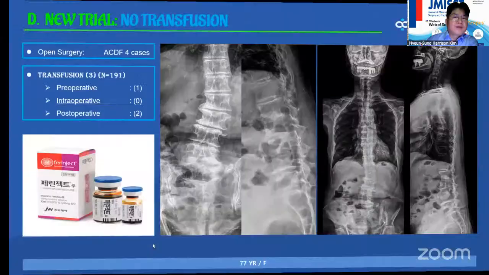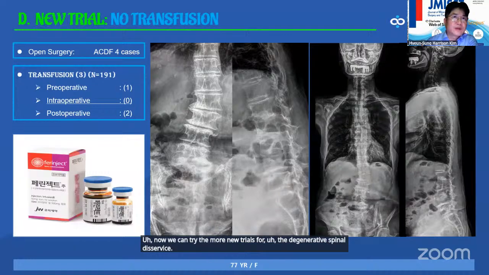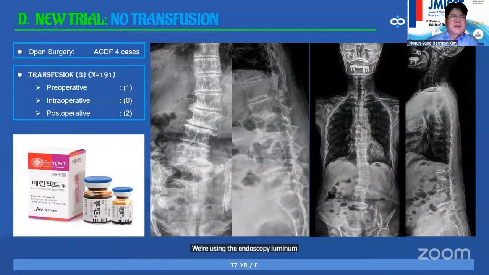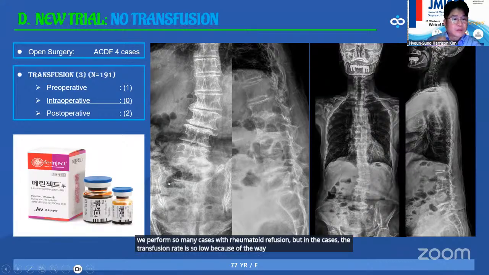Now we can try more new trials for degenerative spinal disease, using the endoscopic lumbar interbody fusion, like some without transfusion. We perform so many cases of lumbar interbody fusion, but the transfusion rate is so low because we perform endoscopic lumbar interbody fusion.